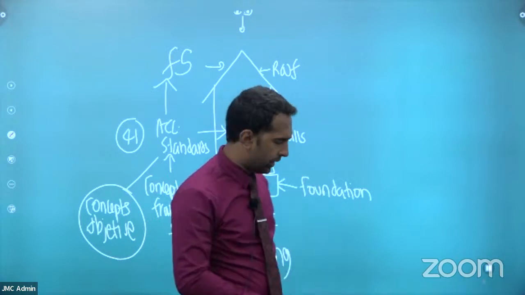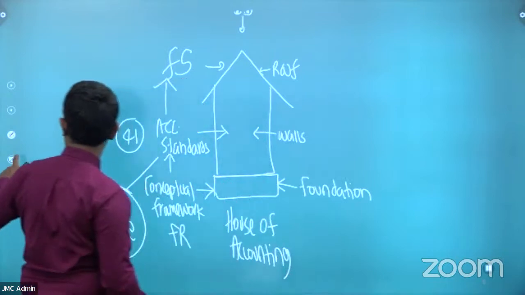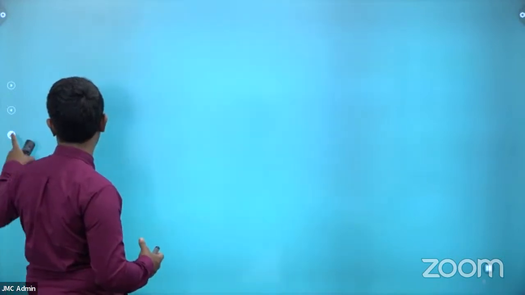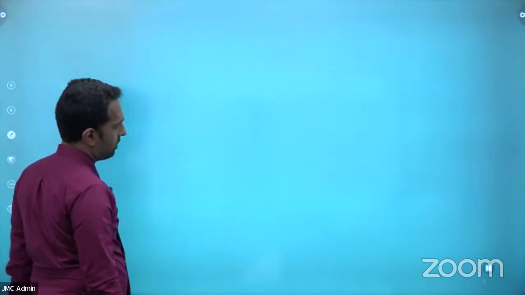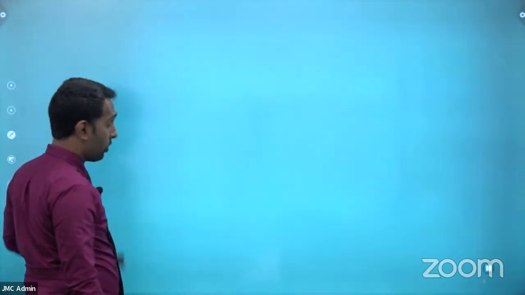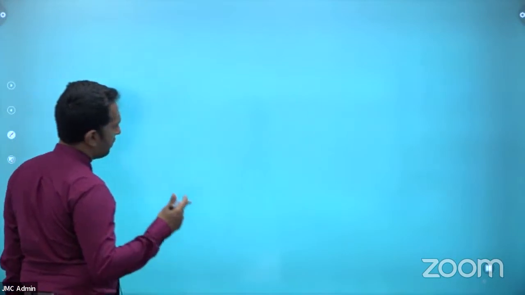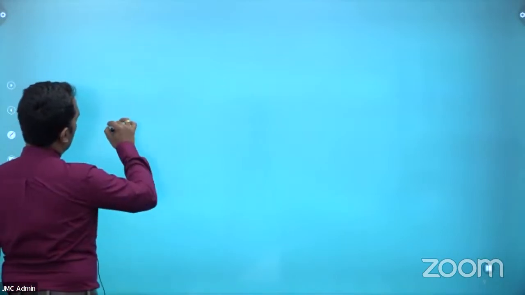Okay, right. Let me put it in another way. We'll try to find the link in our financial statement process. Where do we plug this conceptual framework into our process, right?